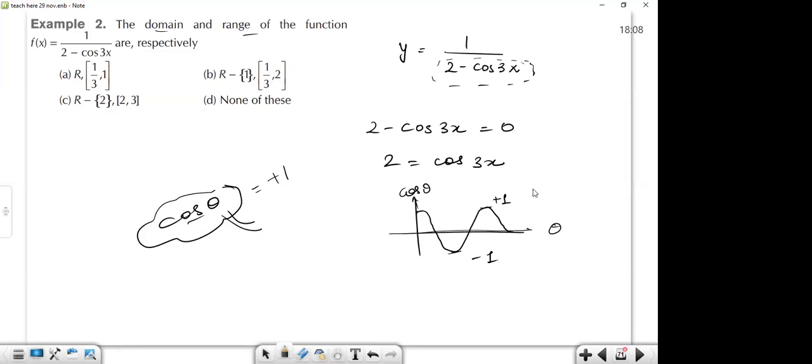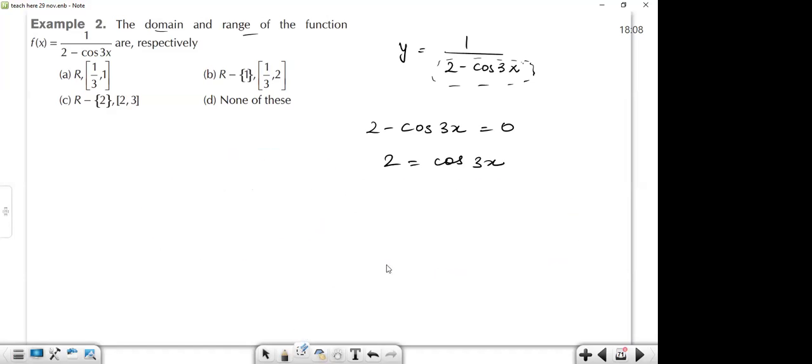Okay, sir. So here, as we can see in the question, for this term to become 0, the cosine function has to be equal to 2, which can never be because the maximum value of the cosine function is 1.